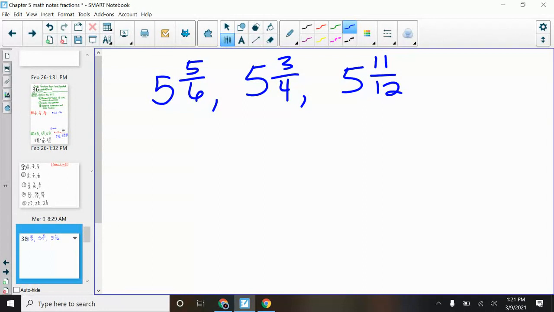So just because this is mixed numbers, does it change anything? No. All of the whole numbers are the same, so we can't use those to help with our order, right? If the whole numbers were different, then it'd be easy, because we would just put them in order as the whole numbers were. Well, let's see. So let's figure this out.